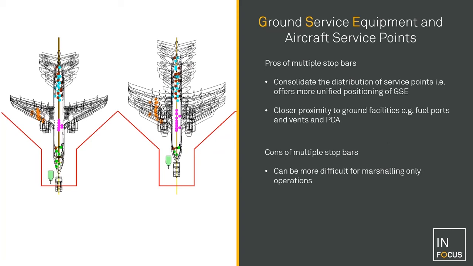But I'm sure there's also optimization possibilities in both of those designs, but this is just to give you an idea of things to look at when you're going into this design process and wanting to define as common a location for ground service equipment and common paths that the vehicles move around the stand.